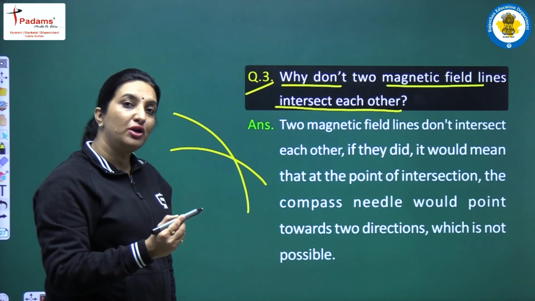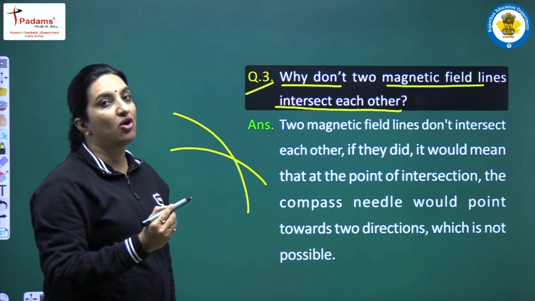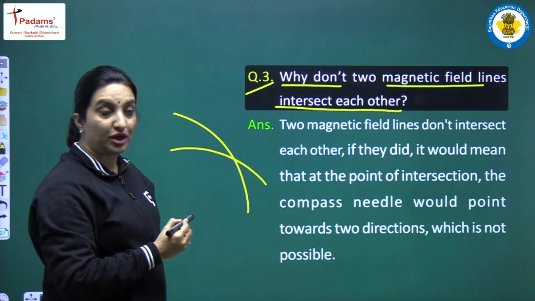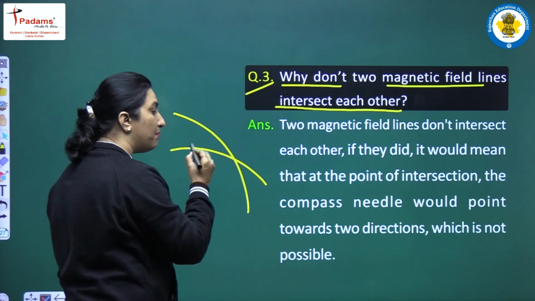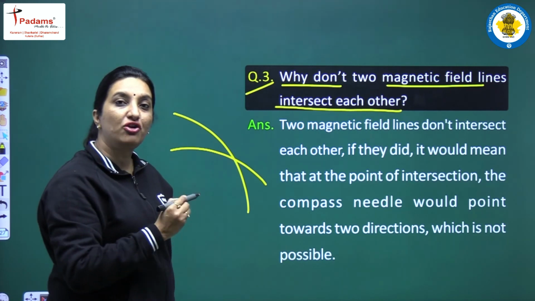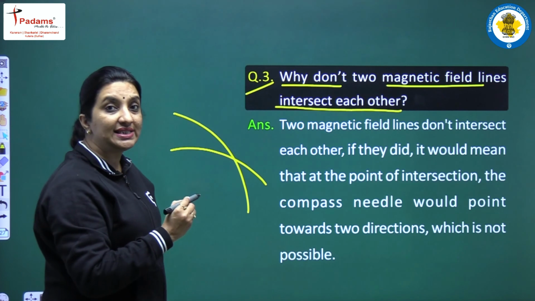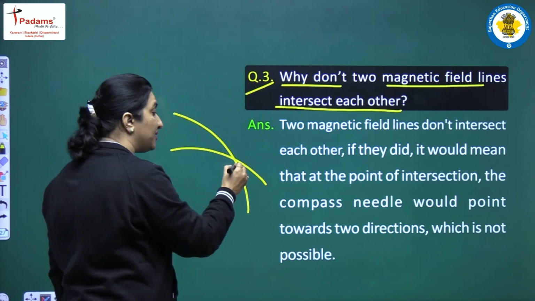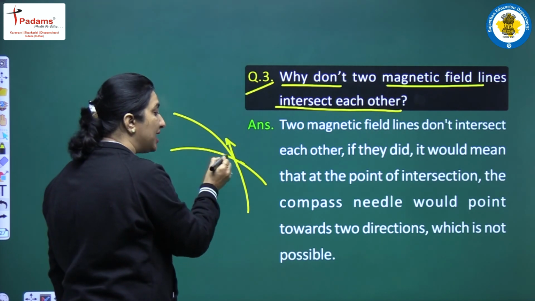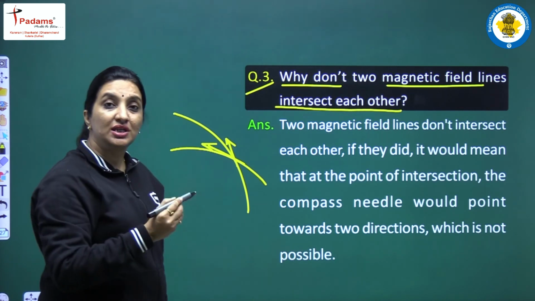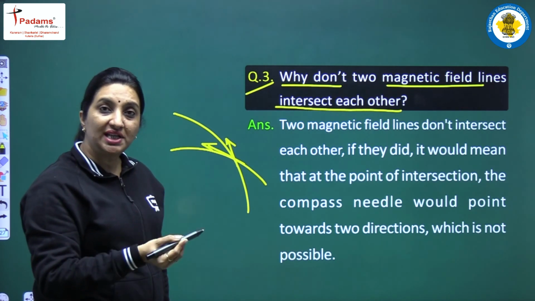Then the direction of the north pole will give us the direction of the magnetic field at that point. So if I place the magnetic compass needle over here at the point of intersection, can it show two directions?